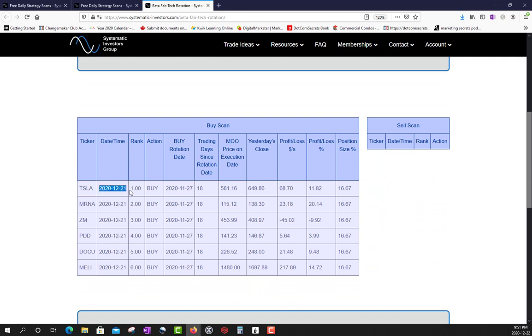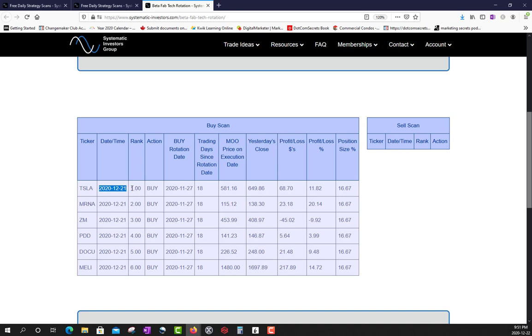This will show up the day before, because all of the data is generated on the closing basis. So we will get the information on the close of the prior day. So this is the day before, actionable for the 22nd. In other words, we generate our scans on the 22nd using closing data from the 21st.